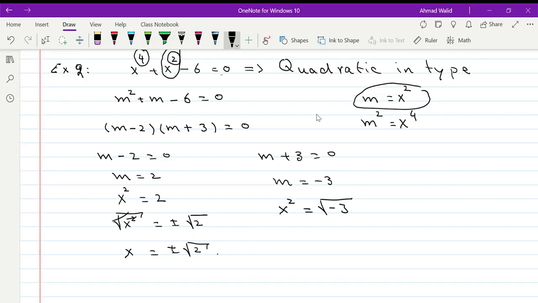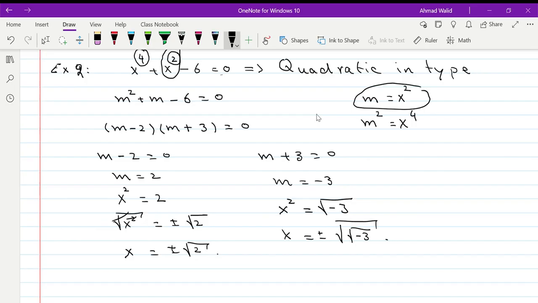We take the square root from both sides and we end up with the answer of x equals plus minus square root of negative 3.